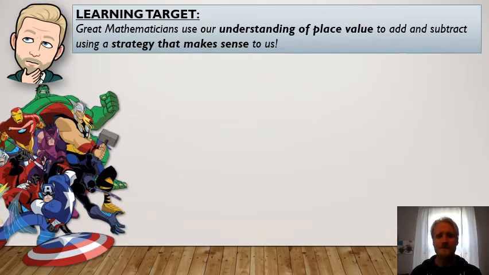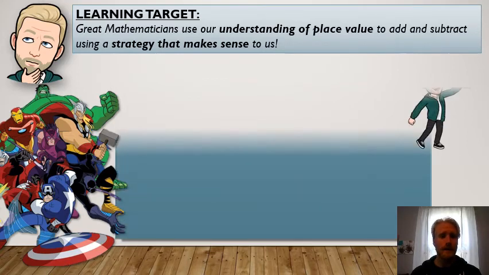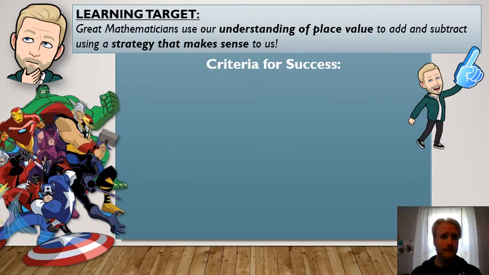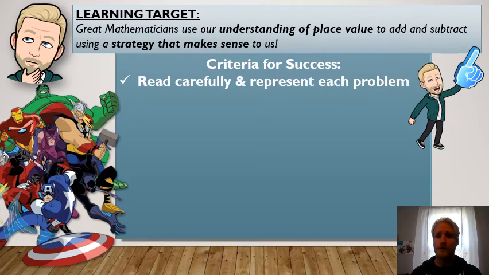All right, so to recap, guys, our target today is make sure that you're using your understanding of place value to add and subtract using a strategy that makes sense to us. So what that looks like. Because today we're going to be doing a lot of math stories, it's important that you first read carefully and represent each problem. Use a number bond, use a tape diagram, draw pictures.